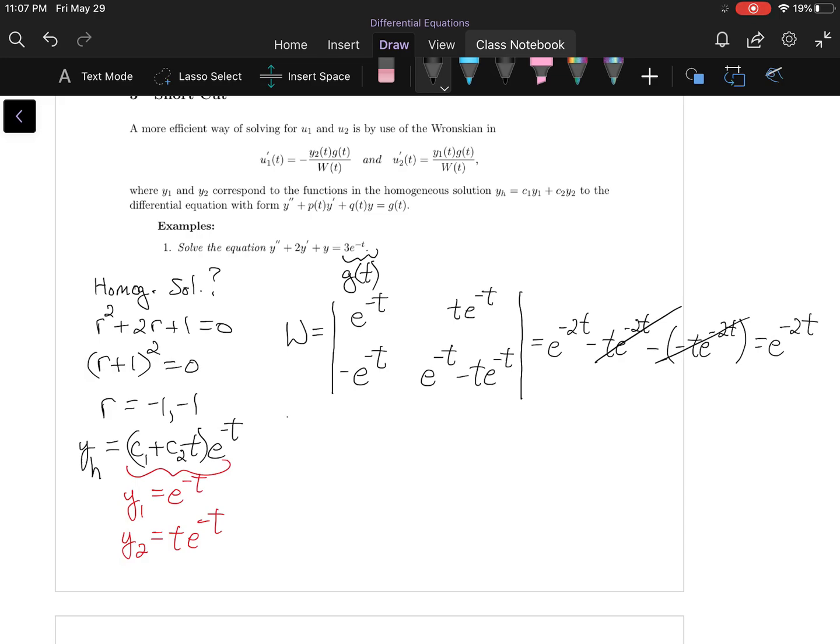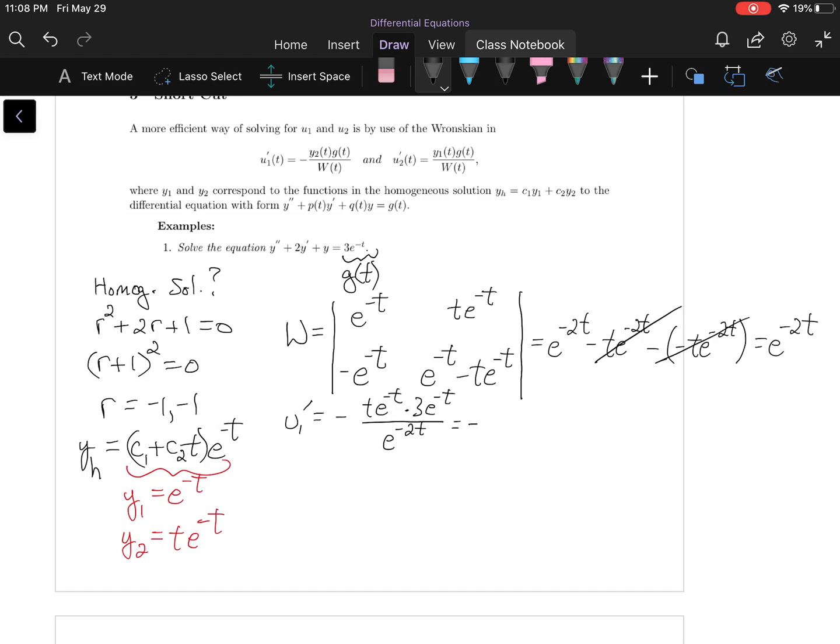This brings us to u1 prime is equal to negative y2, which is t e to the negative t, times g, which is 3e to the negative t, over the Wronskian of e to the negative 2t.